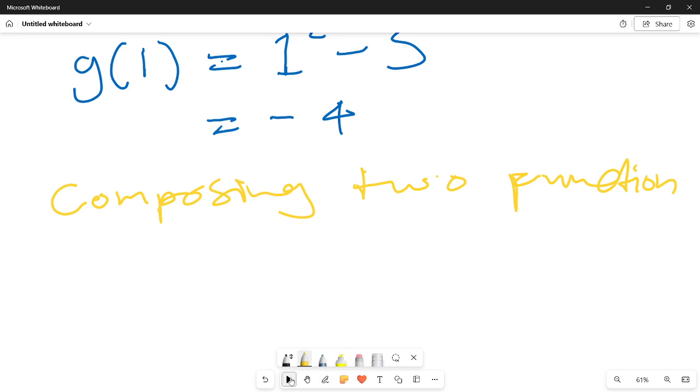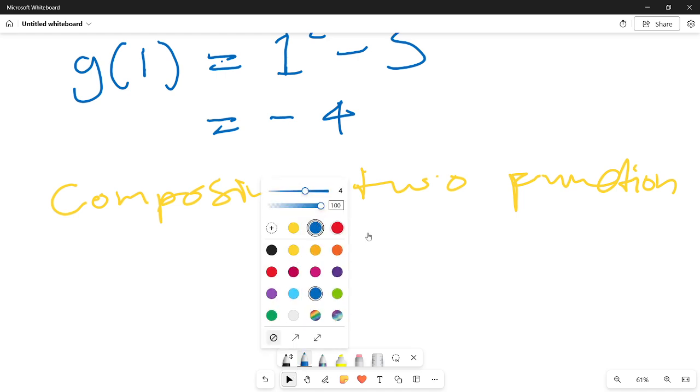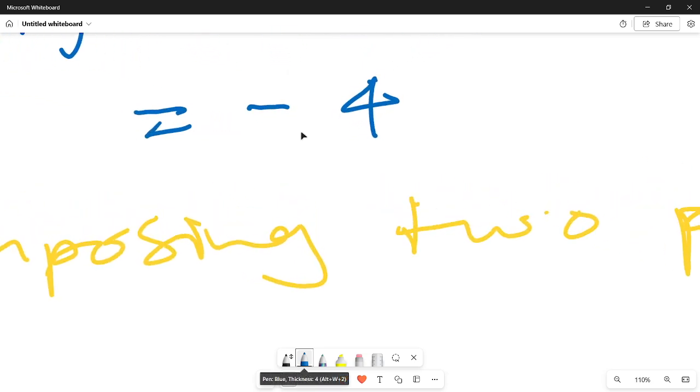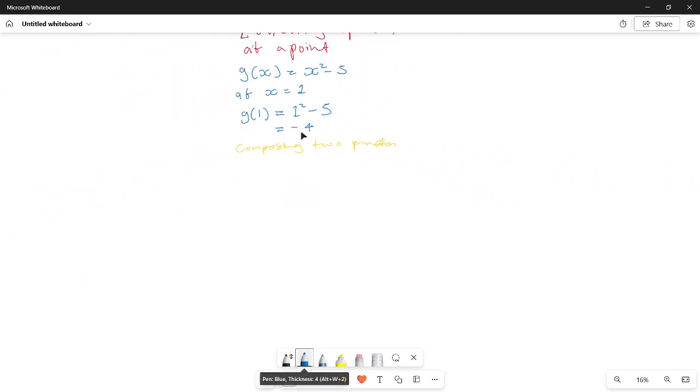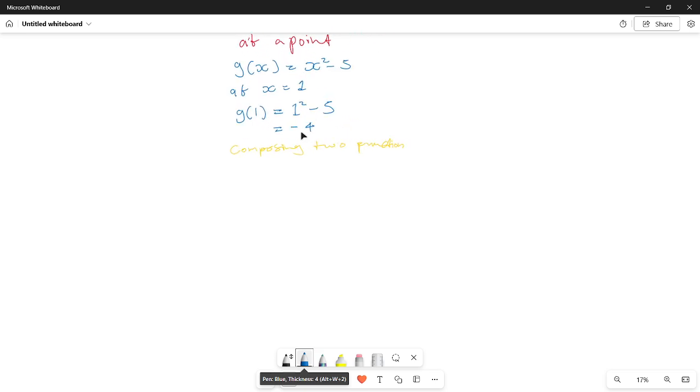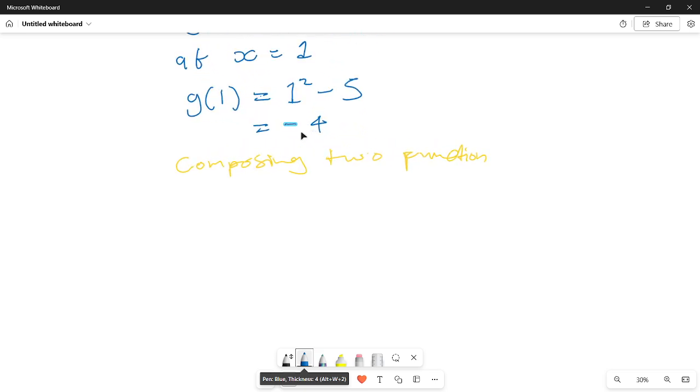Okay, so I'll use the two functions that I have previously discussed with you, where we had g of x and f of x. So what if we have an input that is defined using x?